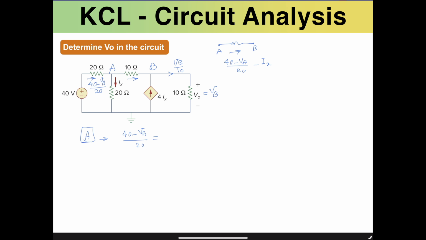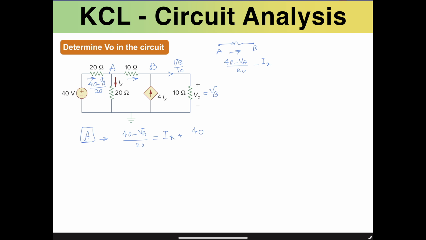That equals all of the currents exiting that node, so it would be Ix plus this current that we already found here. Essentially, we have already used the KCL for node A.